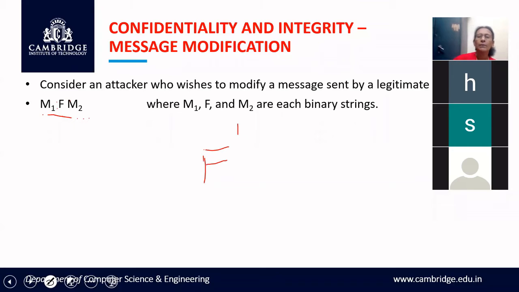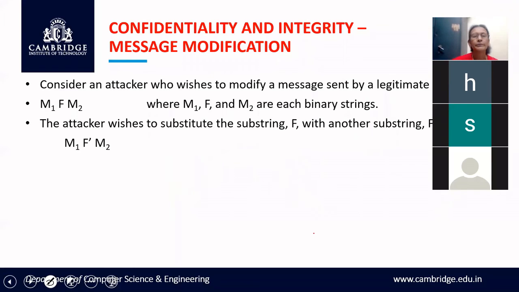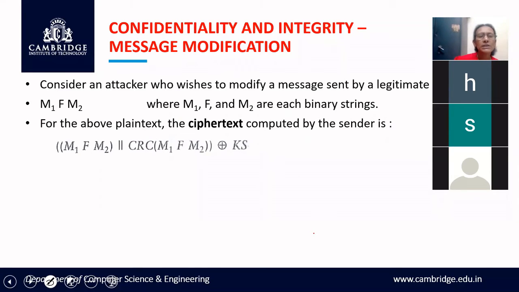So the message that the receiver will be receiving would be M1, F dash, M2. Will the receiver know that this is not a message that was sent by the sender? Using your MAC, will he be able to find out or not? That is the question now.